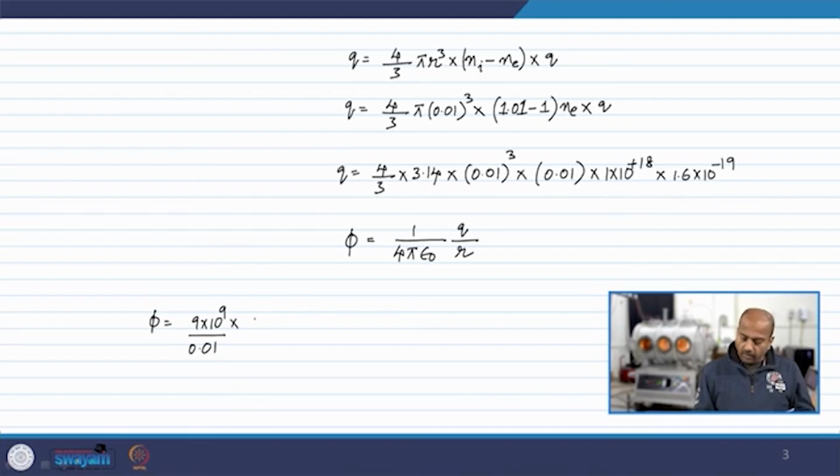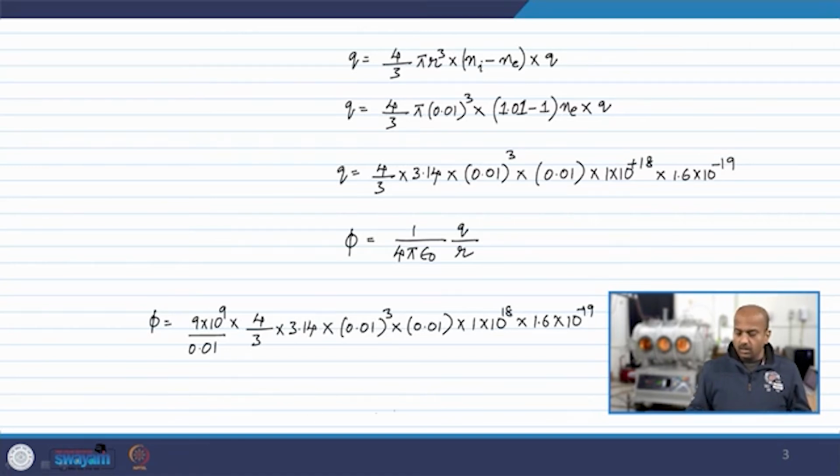So, that will be 4 by 3 into, I am just rewriting it, all of it, 0.01 cube into 0.01 into 1 into 10 to the power of 18 into 1.6 into 10 to the power of minus 19, right.